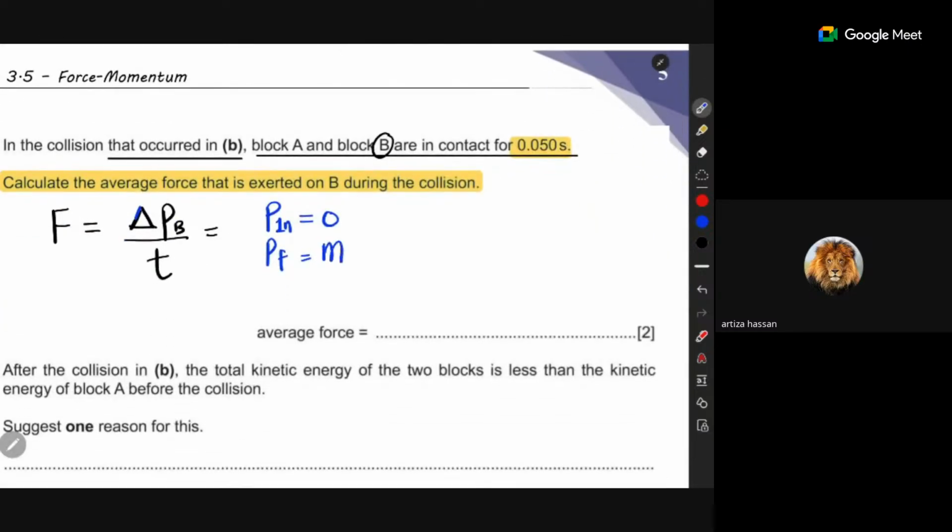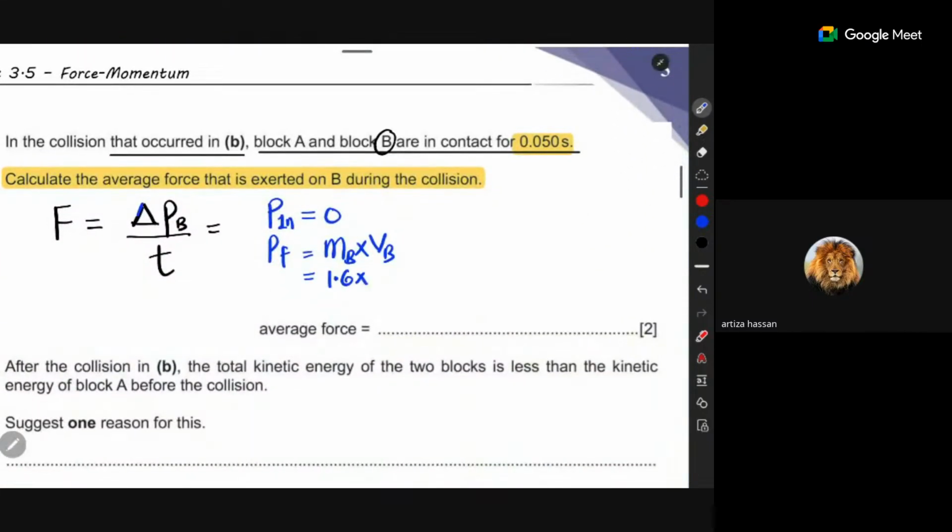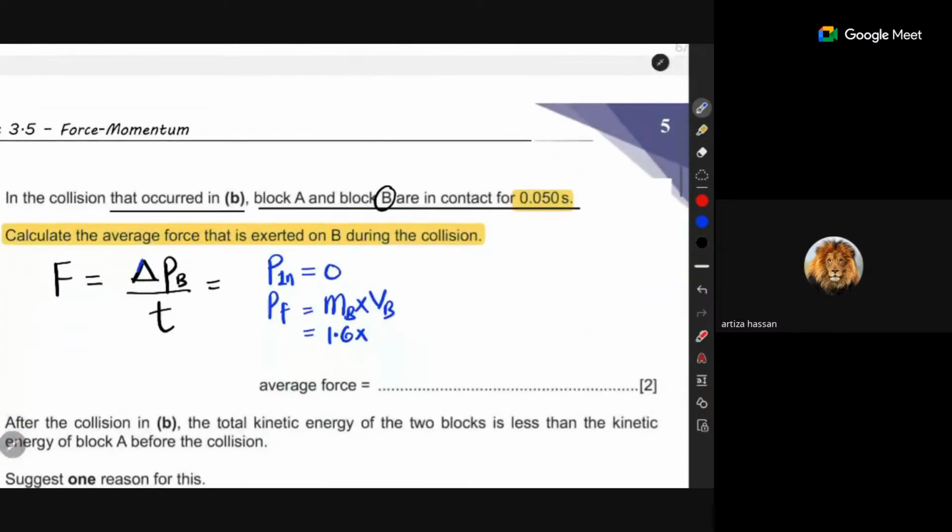That is the mass of block B into its velocity after collision. So it is 1.6 into its velocity 5.0. So what answer will come? 1.6 times 5 is 8.0. Right. So final momentum of block B is 8.0.